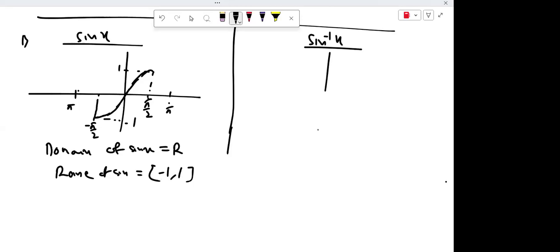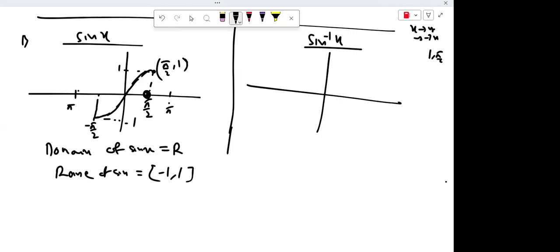But when we draw the inverse of this function, remember in an inverse function, x becomes y and y becomes x. So if you look at this graph, at pi by 2 we had 1. So this point was pi by 2 comma 1. In the inverse, it will change, so the point will be 1 comma pi by 2.